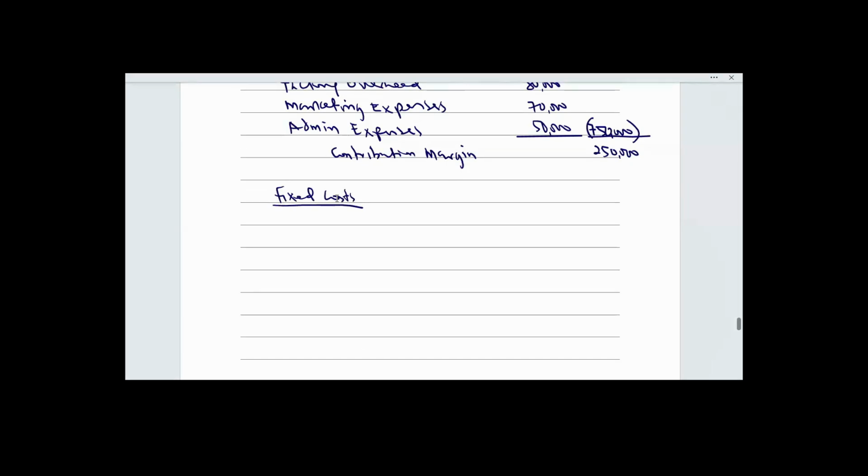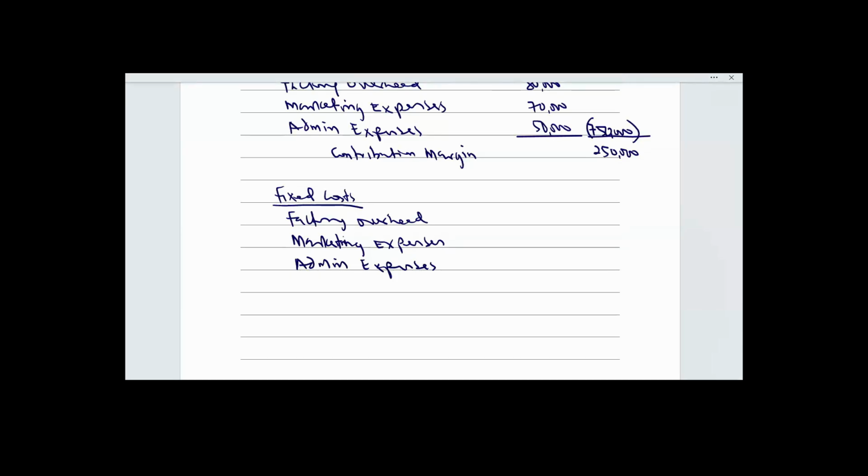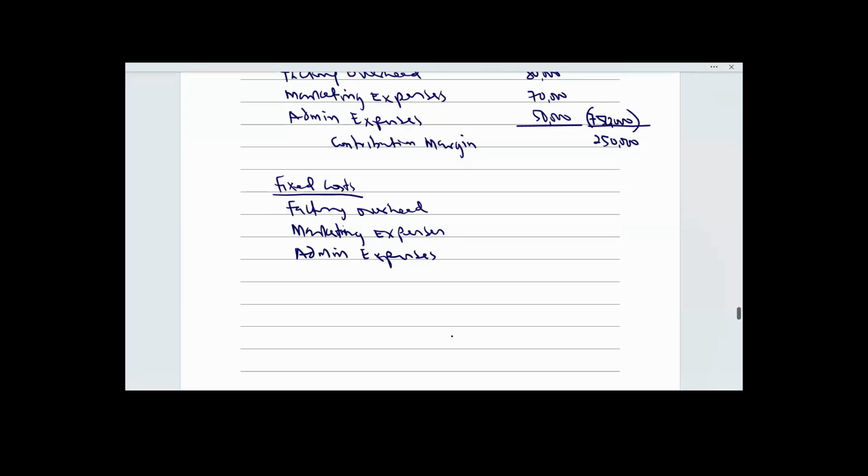Under the fixed cost, we have fixed factory overhead, marketing expenses, admin expenses, which is 50,000, 30,000, 20,000.